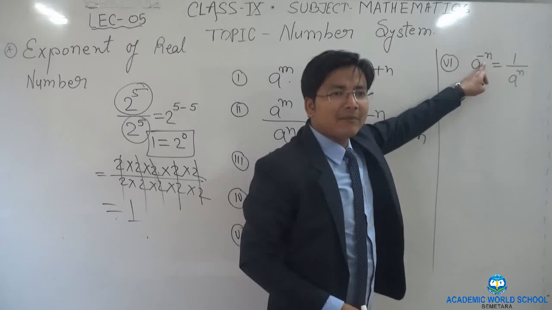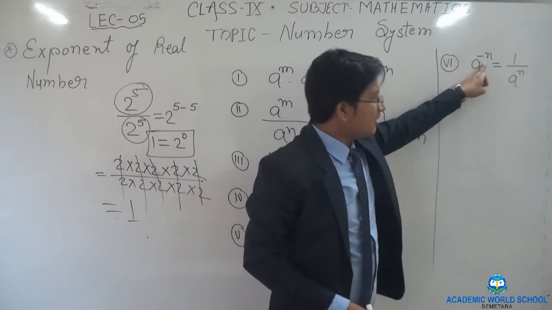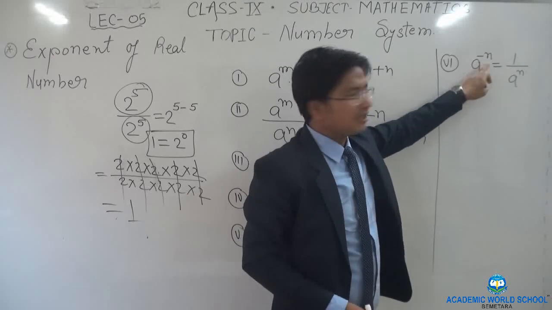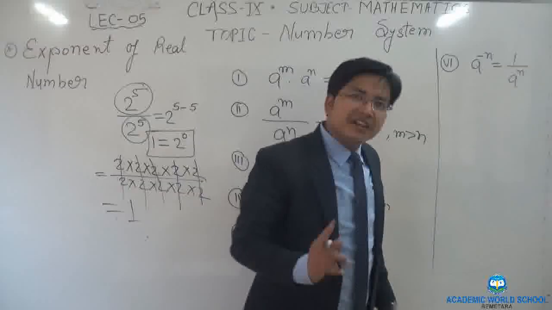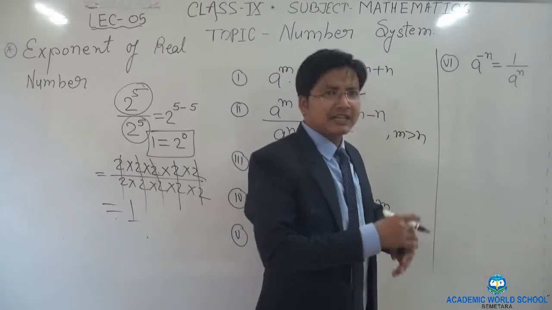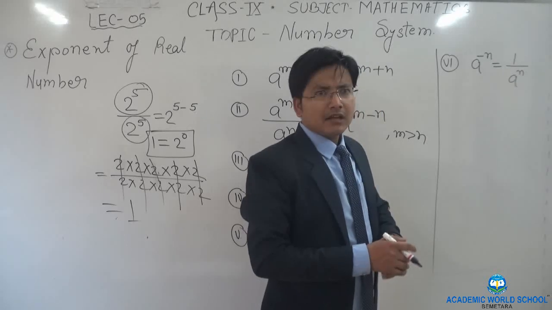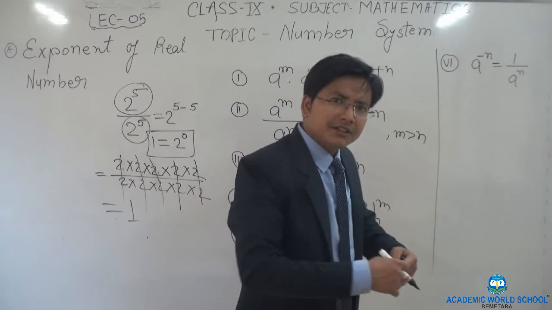If it is a to the power minus n, then what I have to do is, whenever there is a minus power, take the reciprocal of it. The minus sign will terminate.